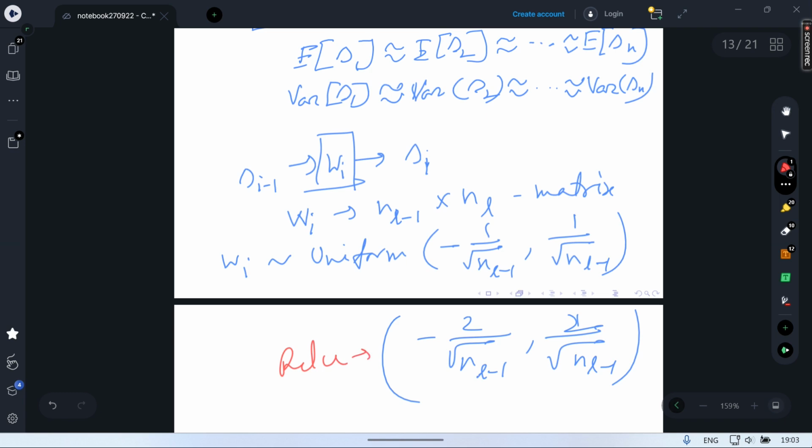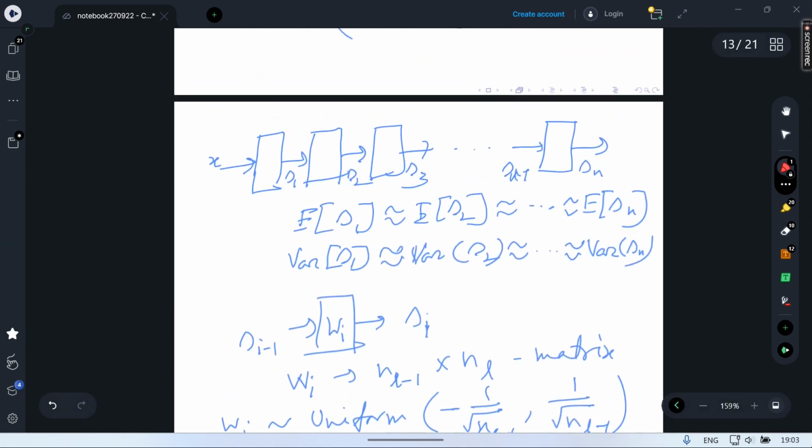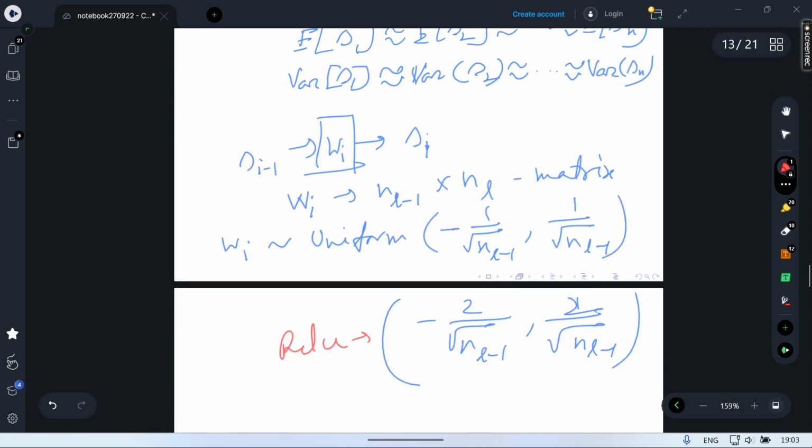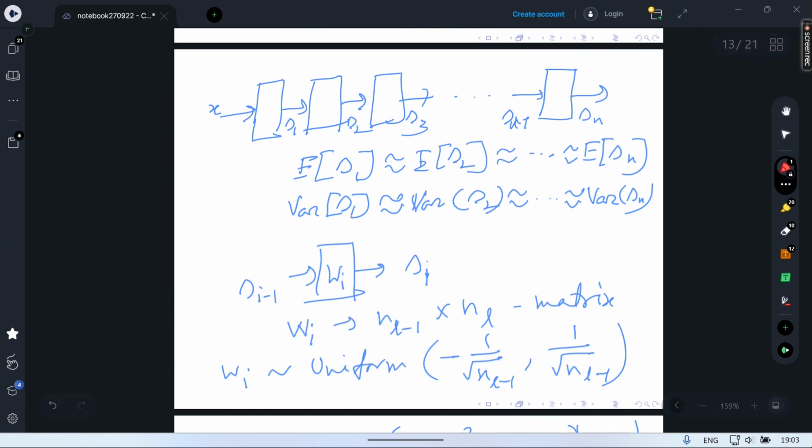And if you impose an additional constraint, in this case you are imposing that as the signal propagates during the forward pass, its mean and variance remain the same.